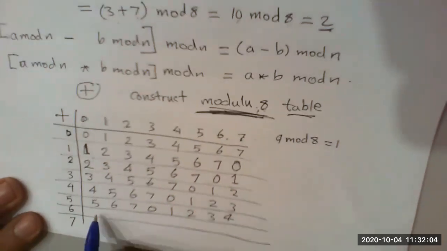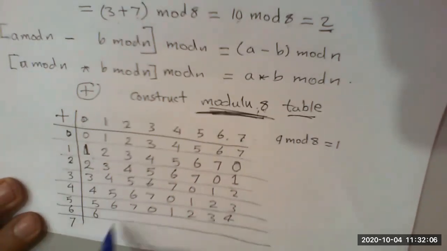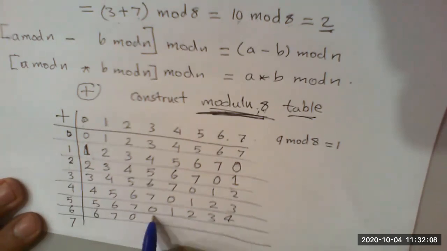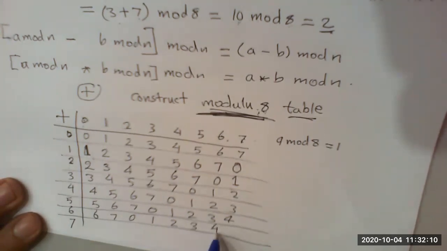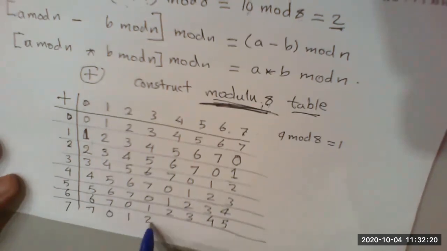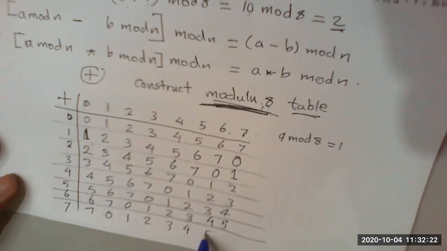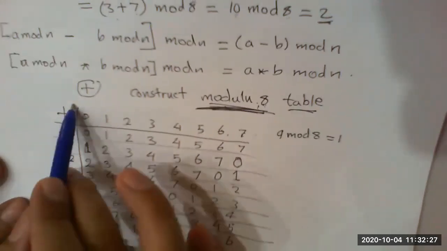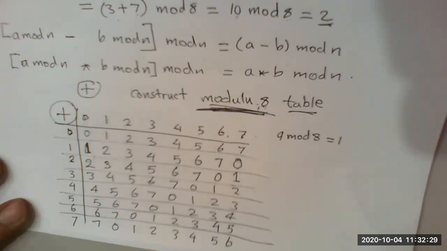Okay, and here 6, 7, 0, 1, 2, 3, 4, 5. And here we have 7, okay, 0, 1, 2, 3, 4, 5, 6. This is the modulo 8 addition.